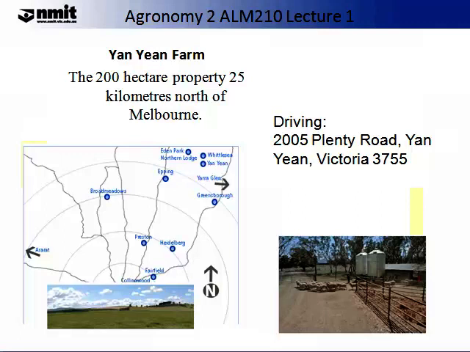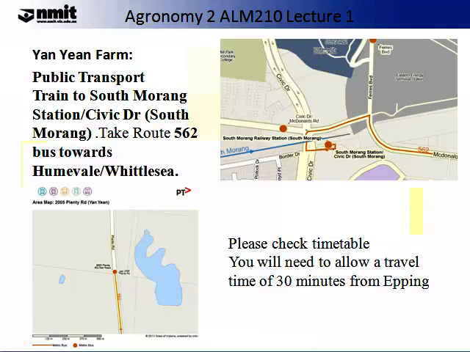If you will travel to the farm using public transport, you are able to get the train from Epping to South Morang Station. Please get off the train at South Morang Station and make your way to Civic Drive as shown on the map. You will be able to pick up a bus here, the route 562.